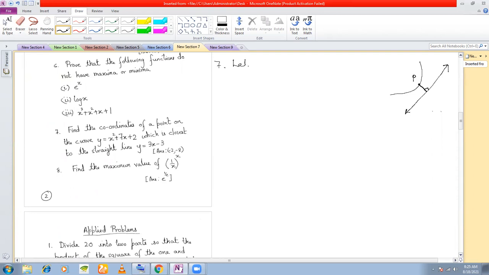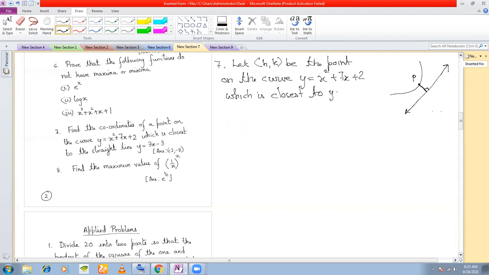So I start by saying, let (h, k) be the point on the curve y is equal to x square plus 7x plus 2, which is closest to the line y is equal to 3x minus 3.